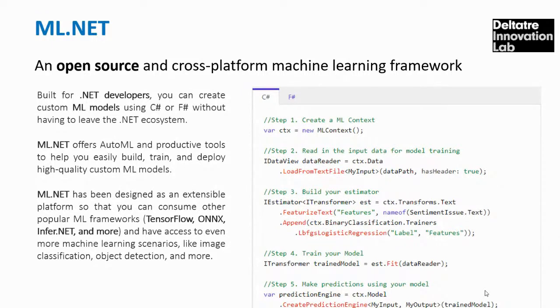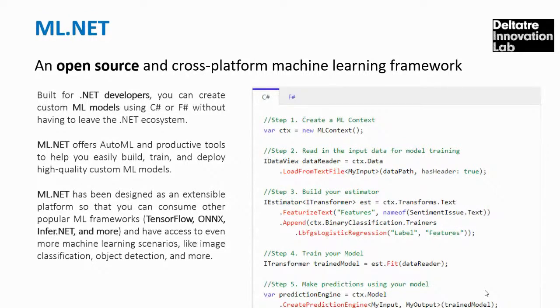You can use C# or F# to build your fantastic machine learning model. ML.NET also offers different capabilities, different features. For example, AutoML. AutoML enables you to build, train, and deploy machine learning models in a few minutes.